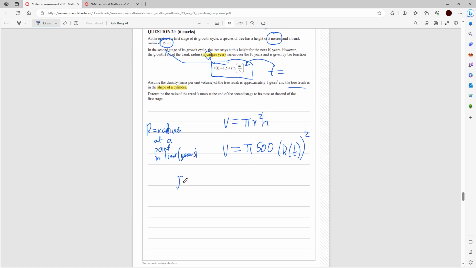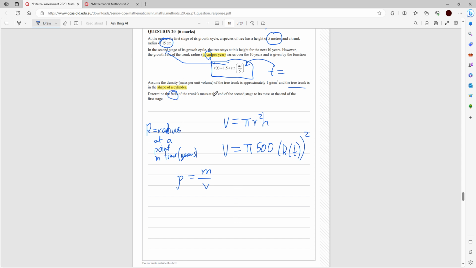Okay. So density is mass on volume. So we want to work out the ratio of the trunk's mass at the end of the second stage to its mass at the end of the third stage. So since its radius is increasing, we're imagining our tree's mass is increasing, but we want to work out by how much, hence the word ratio.